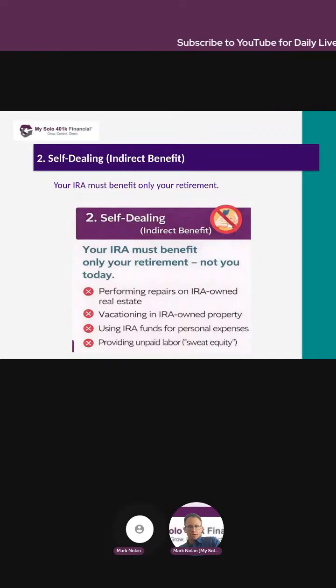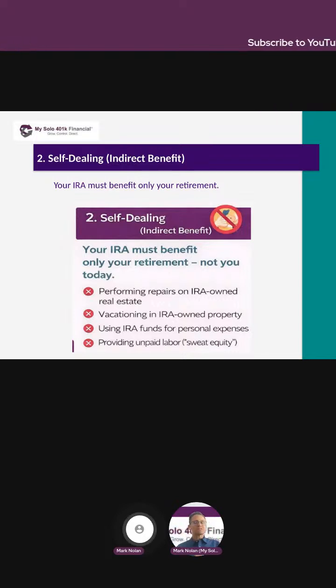So again, in the context of a self-directed IRA, even if no disqualified person is directly involved, you can still trigger a prohibited transaction through self-dealing. So self-dealing occurs when you personally benefit from a self-directed IRA investment outside of proper retirement distributions. And again, these same regulations will apply for the most part to a self-directed solo 401k plan. These self-directed IRA prohibited transactions and examples of self-dealing.